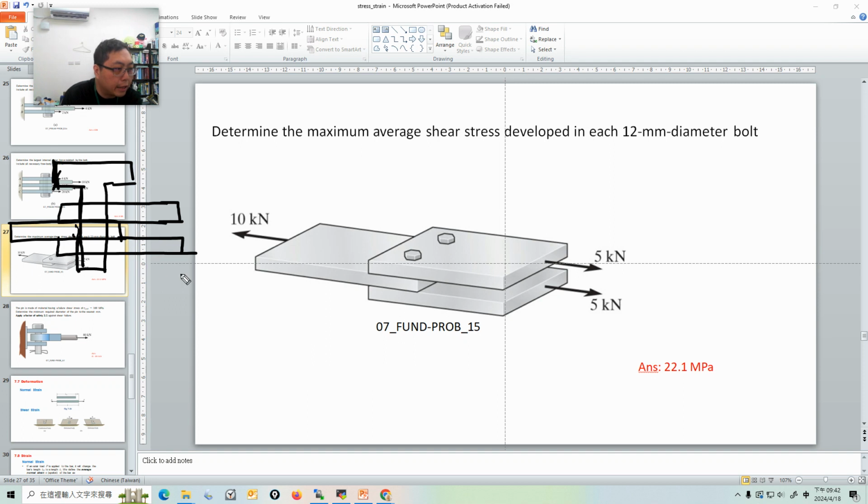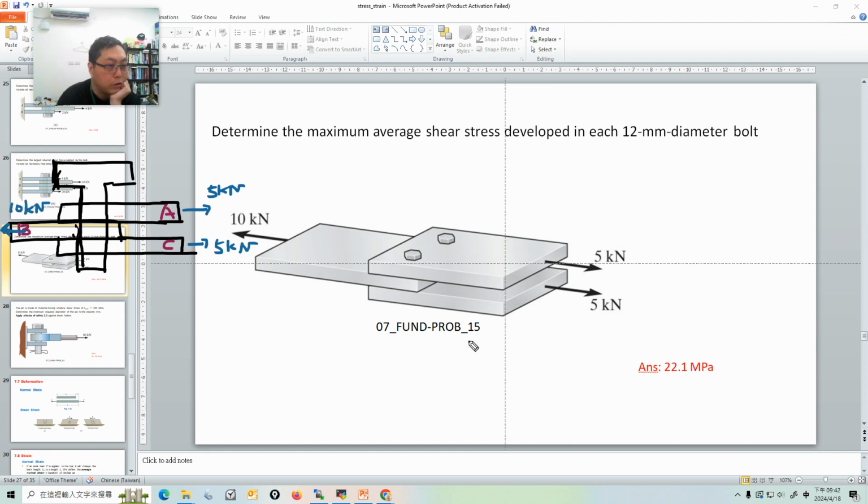Let's give these pieces a name, I think it's better: A, B, C. And this external force is 5 kilonewton, 5 kilonewton. There's no space here, so I just write 10 kilonewton here.